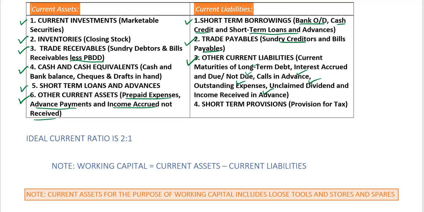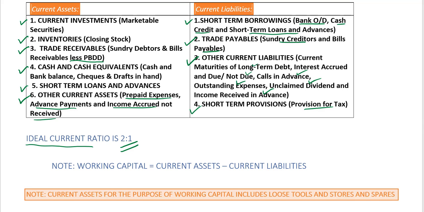If it's stated separately, we need to take it into account to arrive at current liabilities. And finally, short-term provisions. The provision for tax also needs to be included in the current liabilities. The ideal current ratio for most businesses is 2:1.